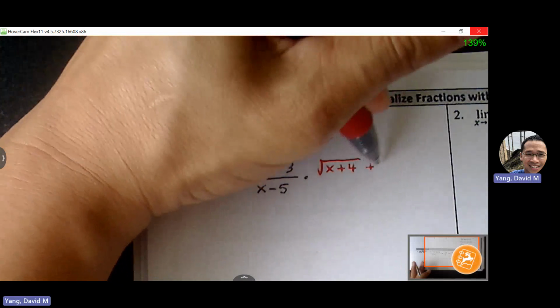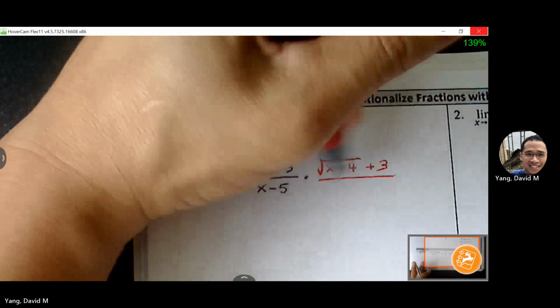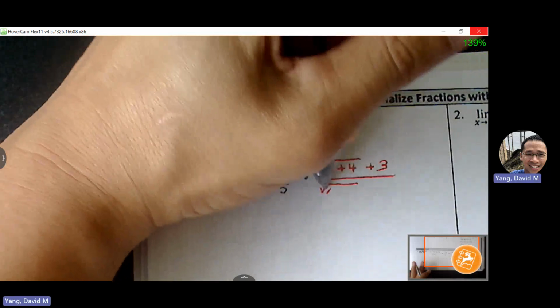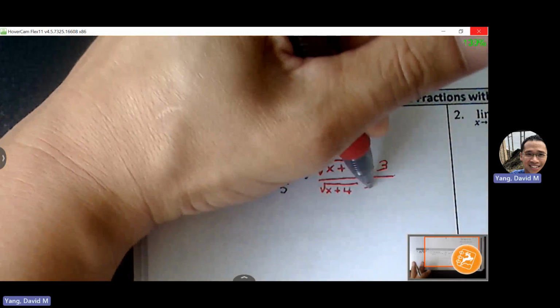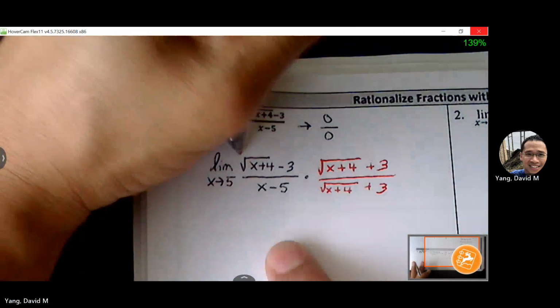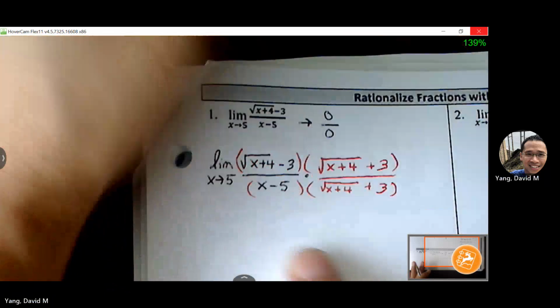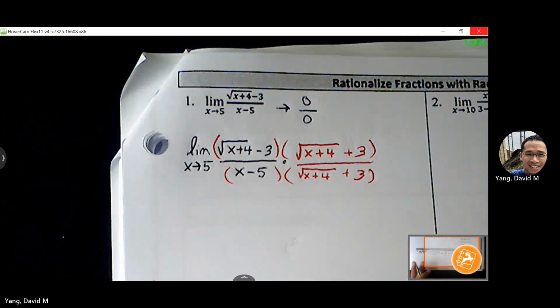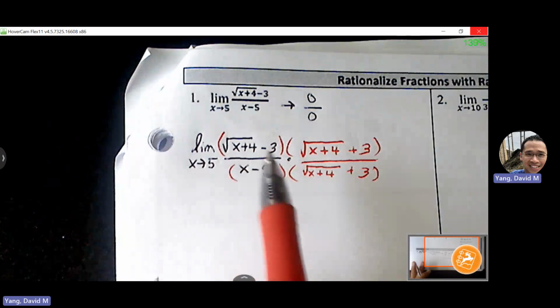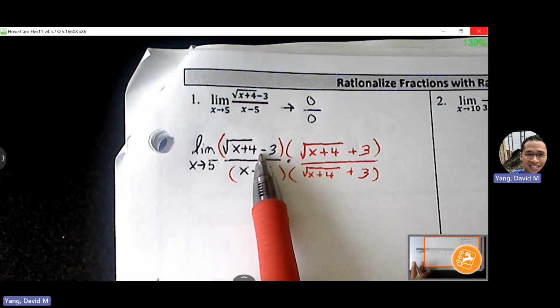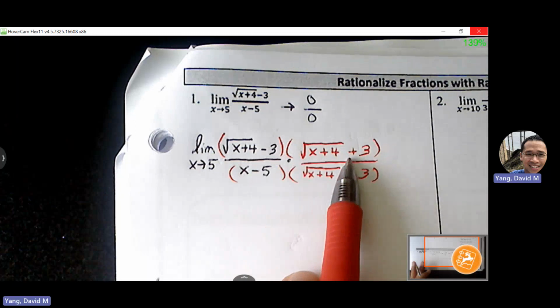Okay, so if I multiply by the conjugate, remember, anything I do to the numerator, I can also do to the denominator and still maintain balance. We don't change what's inside the radical. We only change the sign between the terms. Okay, -3 and a +3.